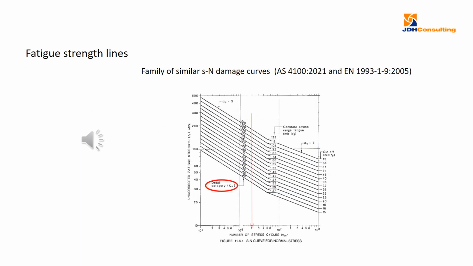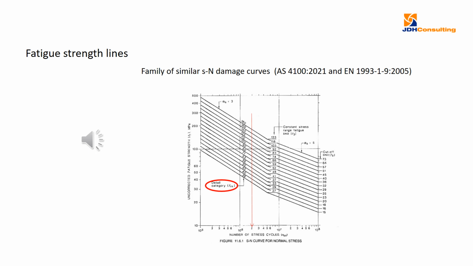Now moving to the fatigue strength side, this graph shows a set of SN lines, or stress range versus number of cycles for failure. These are typical of information you'll find in various codes and standards. These happen to come from Australian Standard 4100 and Eurocode 1993.